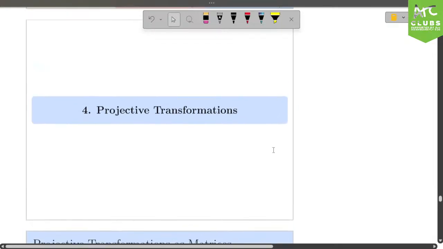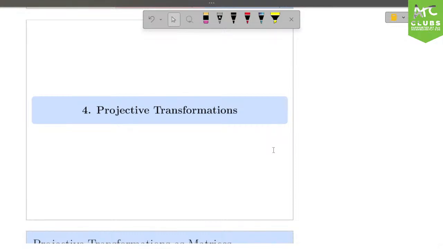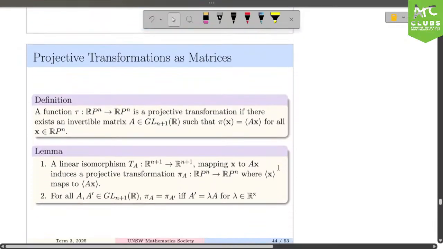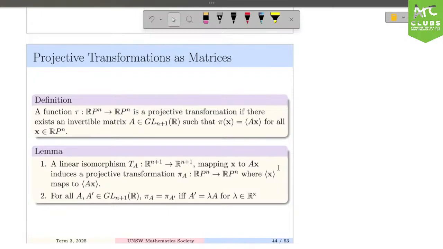Okay, now we're moving on to projective transforms, which seem a lot more reasonable than most other projective geometry things. So, a projective transformation is just any linear transformation on the subspaces that we're representing projective points by.